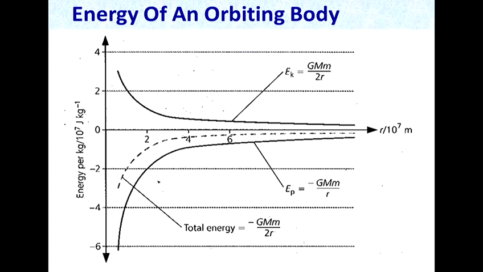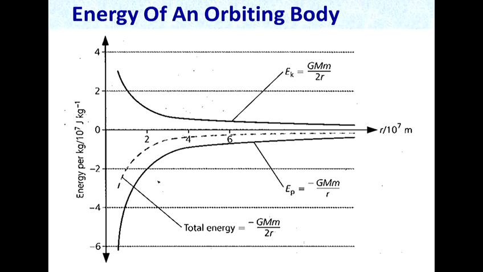From there you can sketch a graph that shows how the different types of energies vary with distance from an object that's orbiting around another mass. KE is always positive. It is inversely proportional to the radius of orbit. GPE, that's the solid line below, is always negative.